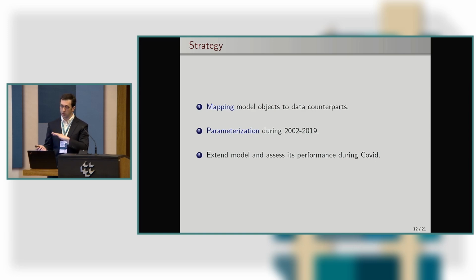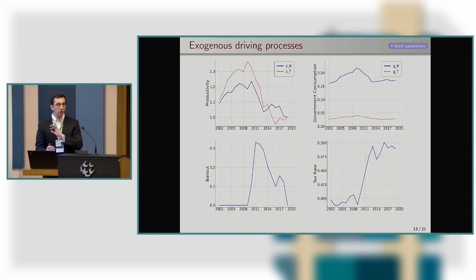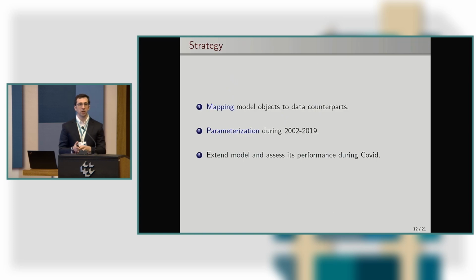And then we extend the model and think about what happened during COVID. So the calibration is going to be based on carefully measuring a sequence of shocks, or 4 sequences of shocks rather, and then requiring that the parameters that we choose for the model, when I feed those shocks in, there are key observable endogenous outcomes that I want the model in the time series to match the data in the time series.